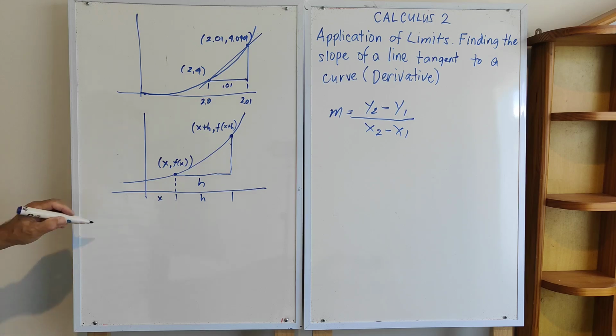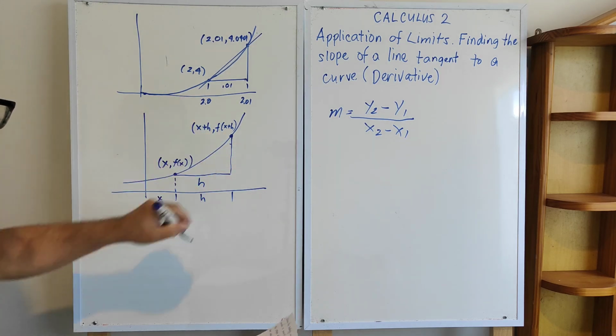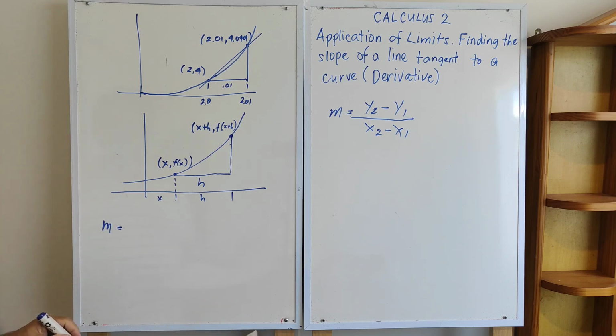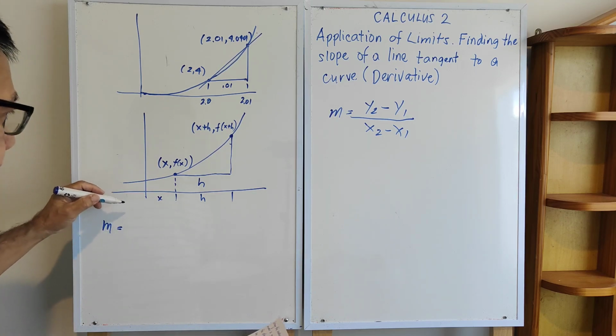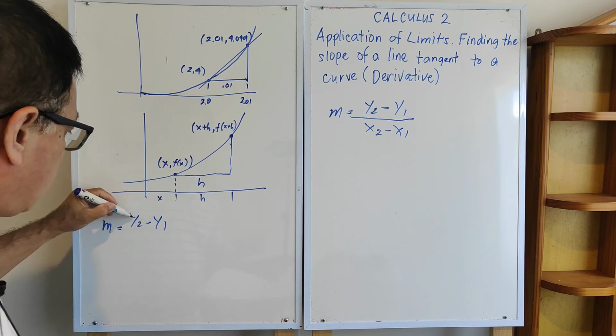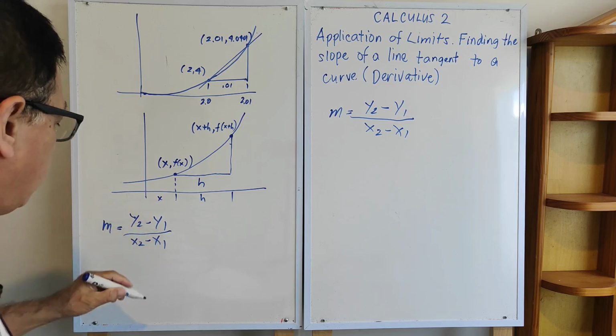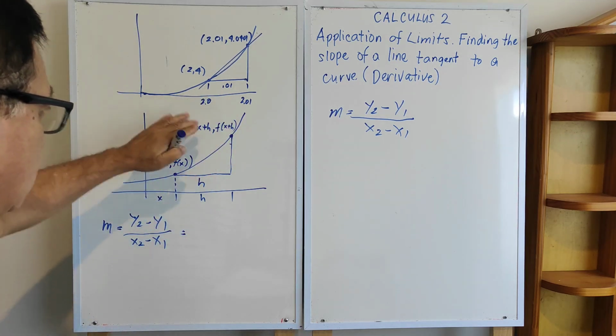We now get the slope of this general equation. The slope is y2 minus y1 over x2 minus x1. This is our original slope, but we will be using these numbers.